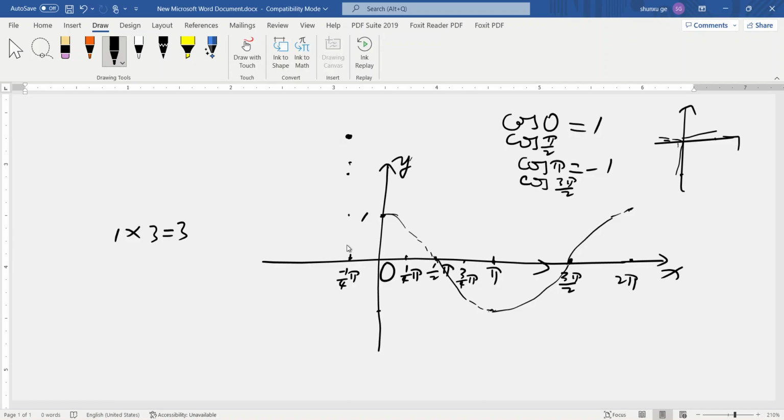Then second point should be 0. 0 times 3 is still 0. 0 here.